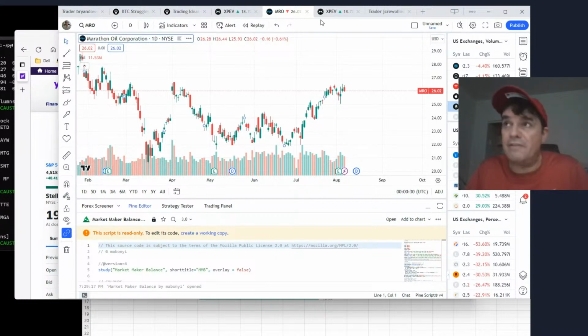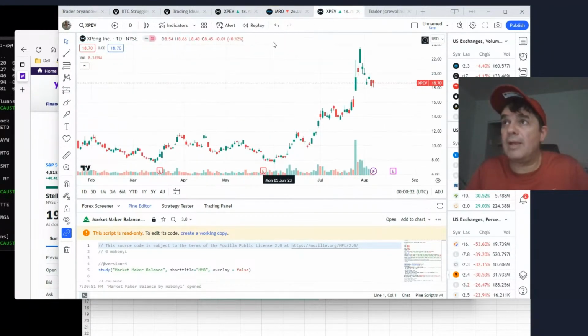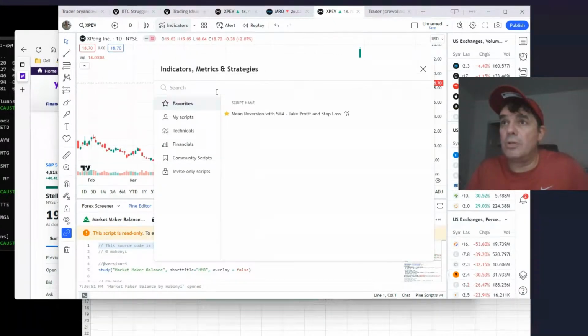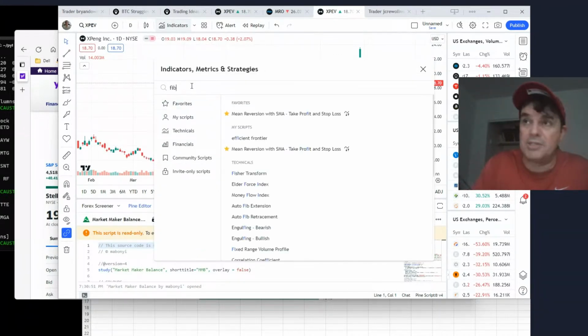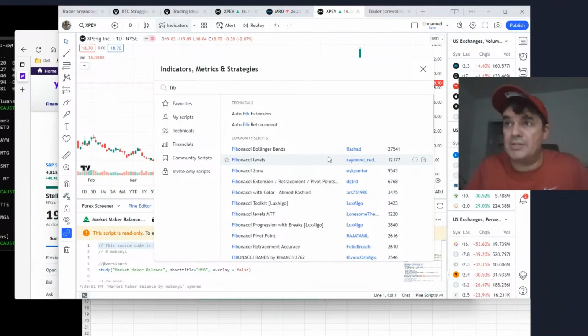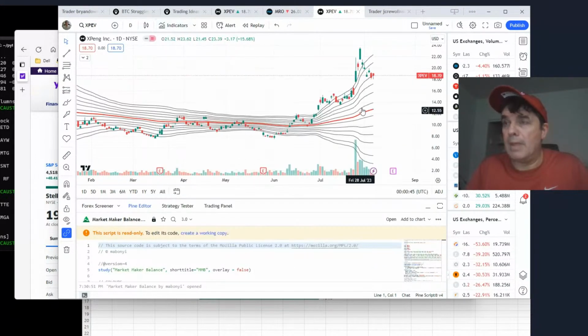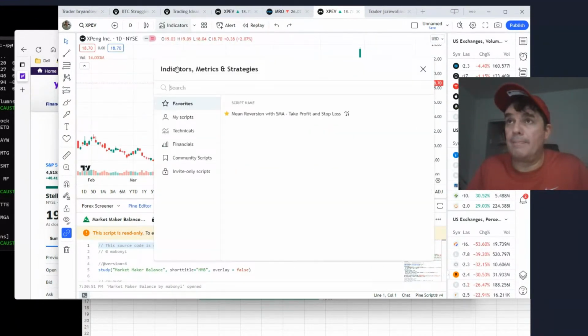So I'm going to pull up the Fibonacci. We'll look at the XPEV. So there's a variety of Fibonacci here. Fibonacci is not bad. I can't remember which one I use. No, not that one. There's so many Fibonacci.